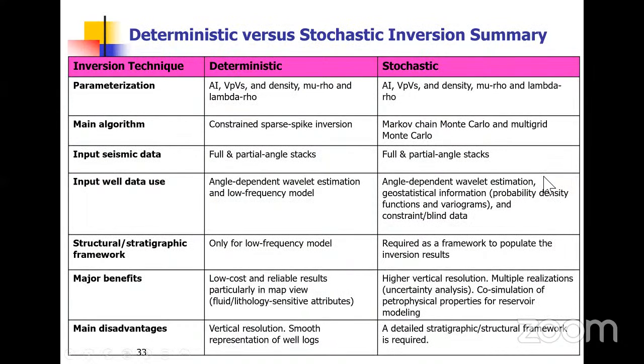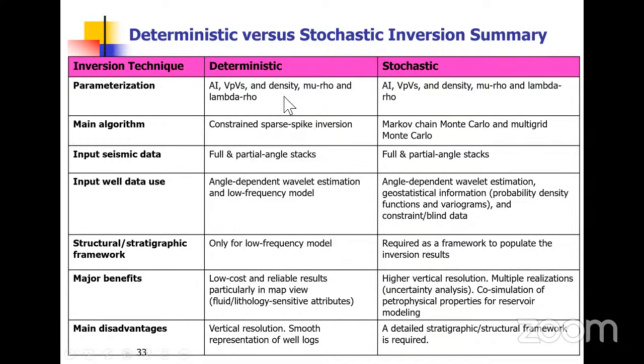Okay, let's look at the major differences between deterministic and stochastic, or let's do a comparison. In terms of parameters, are they different? For deterministic, you need acoustic impedance, both P impedance and S impedance.